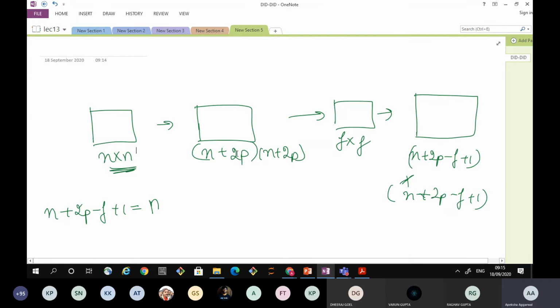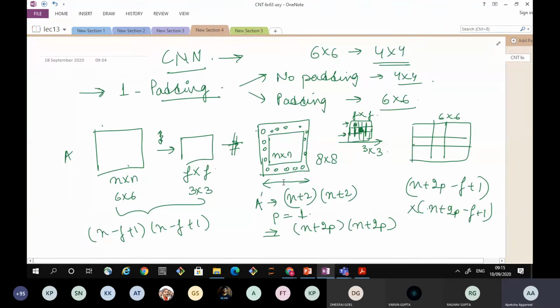I can pad with any number of values. Here in this example, I am padding with 1, p is equal to 1. If I am adding 2 rows of zeros on the upper side and 2 rows of zeros on the downside, I can also do that, but that would increase the size of my image. What I want is 6x6 only, because my input was 6x6.